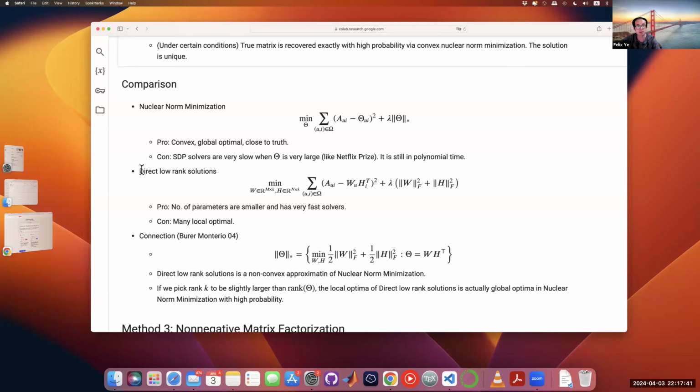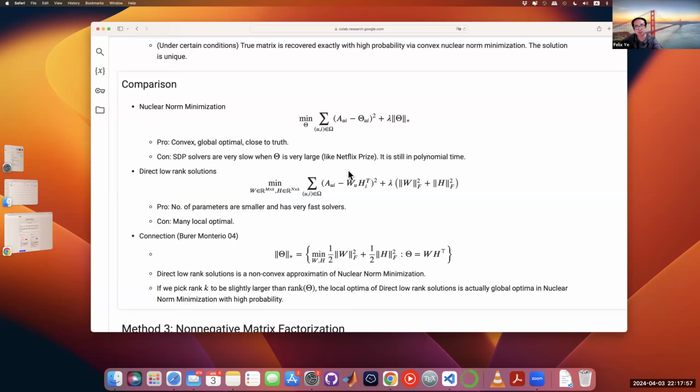We're trying to solve this low rank solutions. We have talked about this. So you think about it, we are trying to solve A equal to W inner product with H transpose.